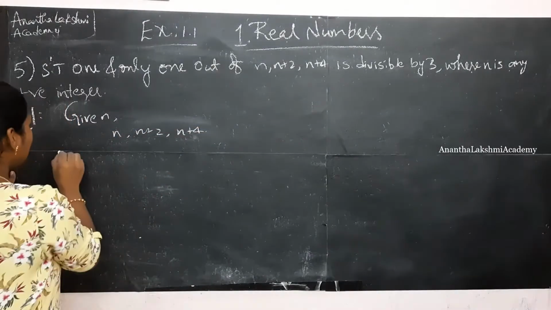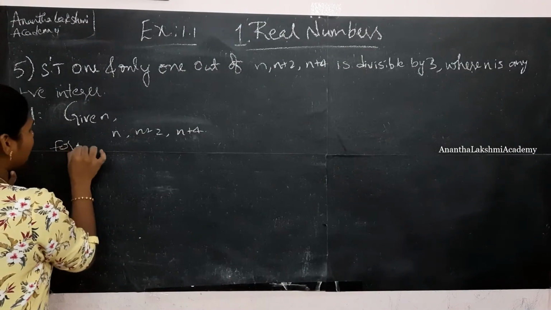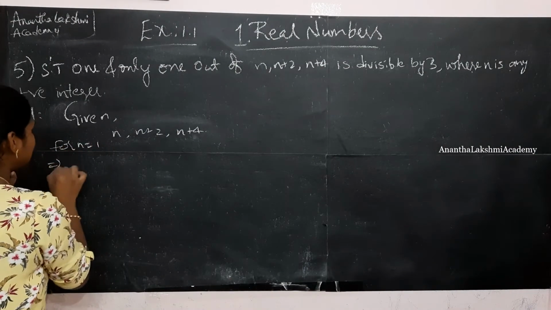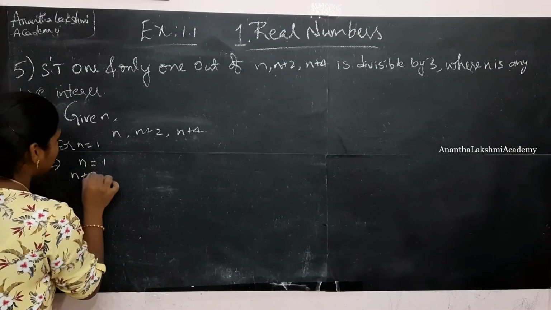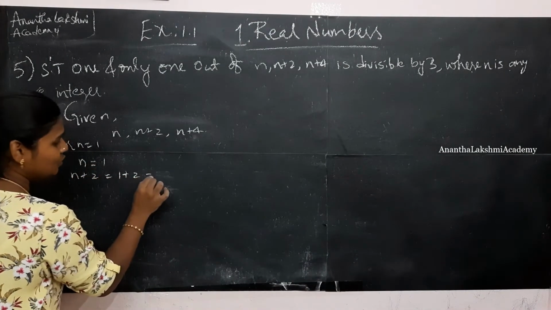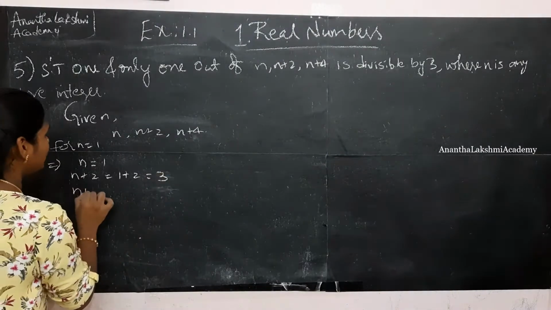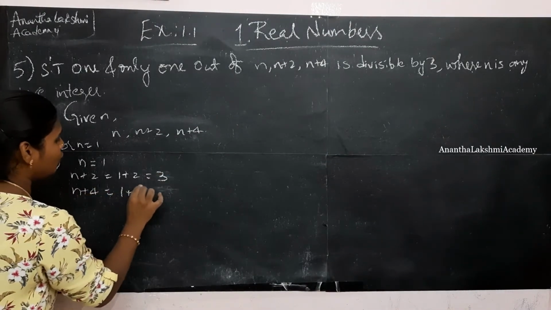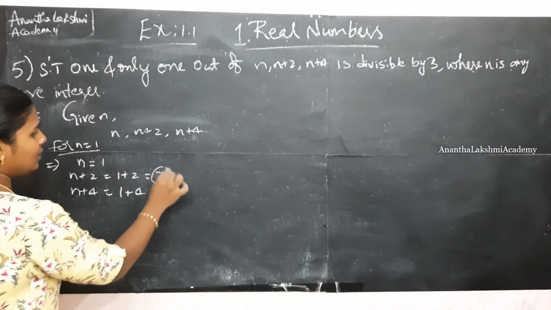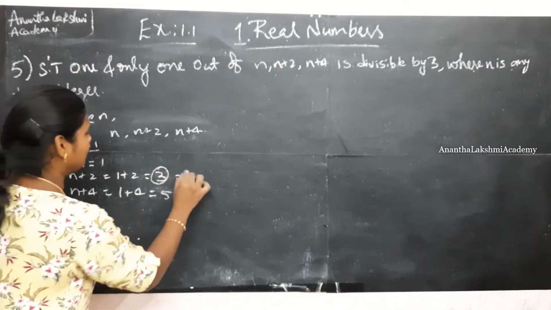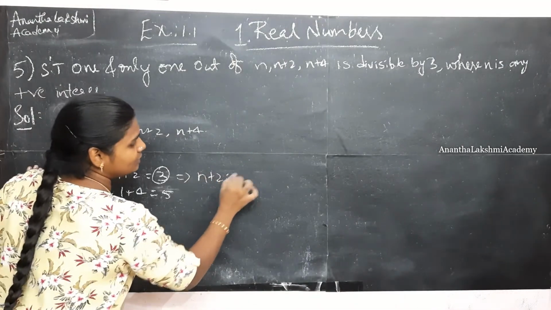Let me take n as 1. For n is equal to 1, n plus 2 is 1 plus 2, which is 3. n plus 4 is 1 plus 4, which is 5. So for n is equal to 1, what is divisible by 3? n plus 2 is divisible by 3.